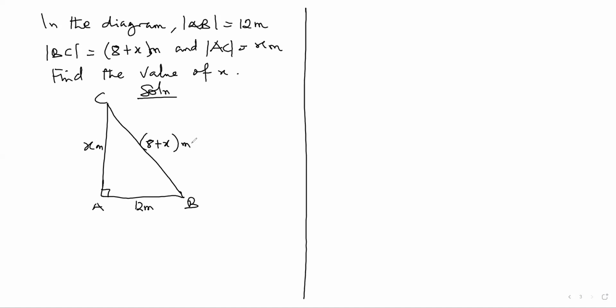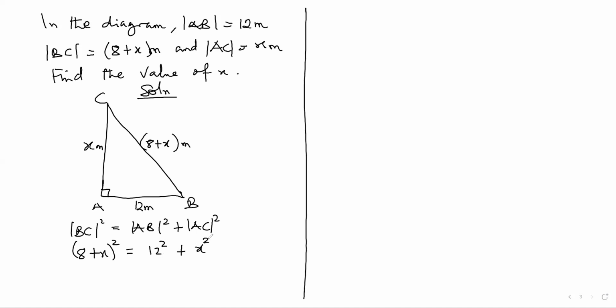So once again, we all know that it's the hypotenuse squared. So we can go straight away by saying BC squared equal to your AB squared plus your AC squared. So your BC is 8 plus x all squared. AB is 12 squared. AC is x squared.